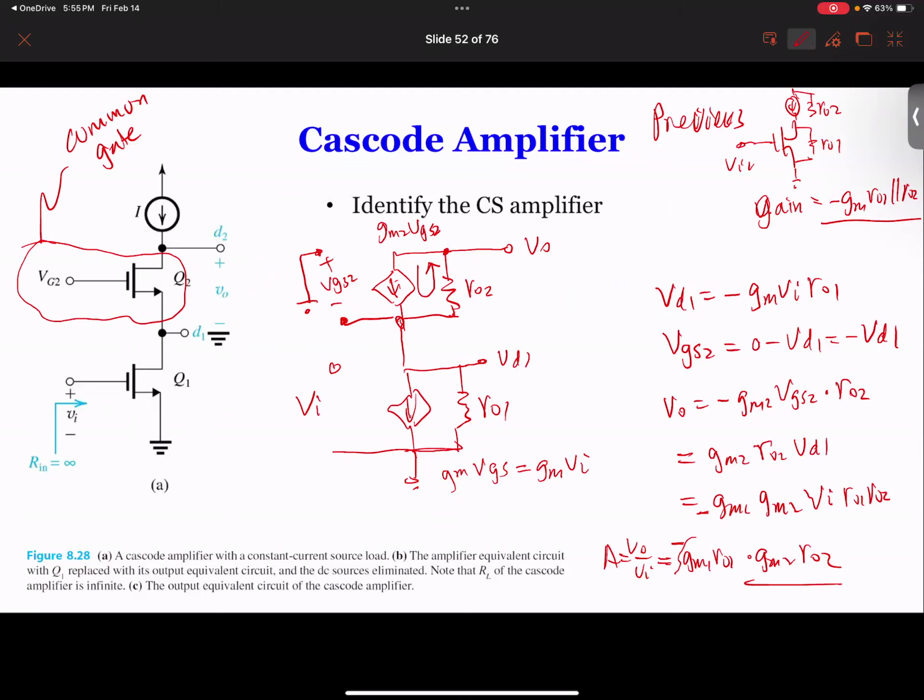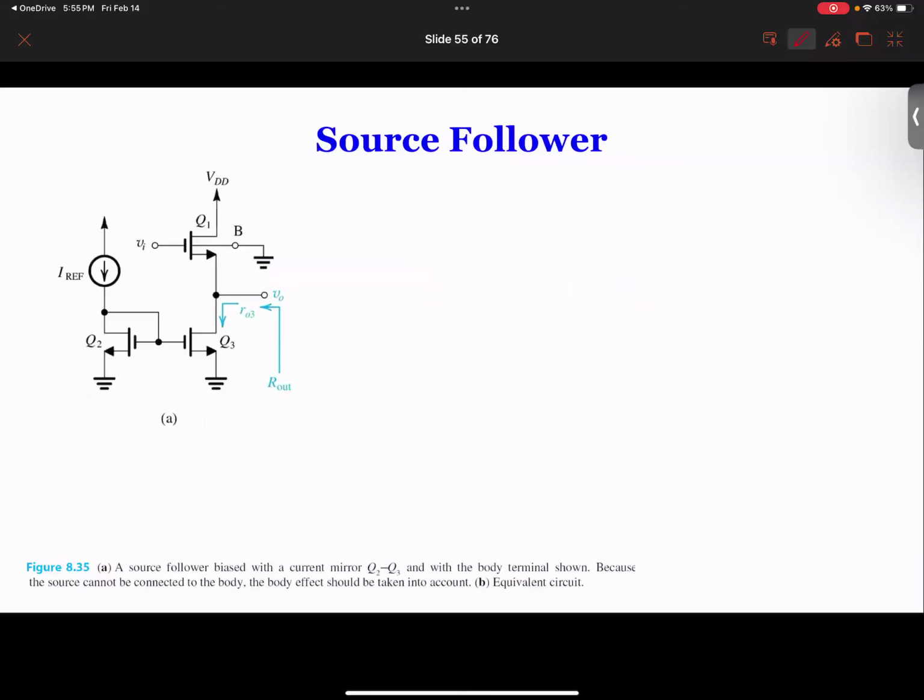Now we're going to look at another one, the source follower, which is a common drain amplifier. In this common drain amplifier, you see the current source is at the bottom, right? So the source is not grounded, but the drain is grounded. We take the output at the source of the NMOS.